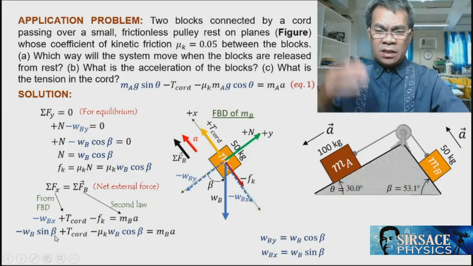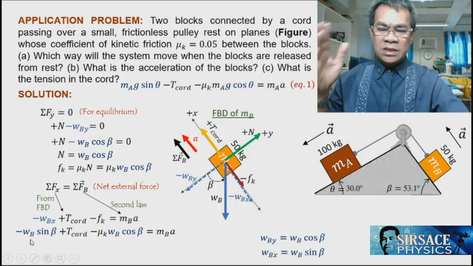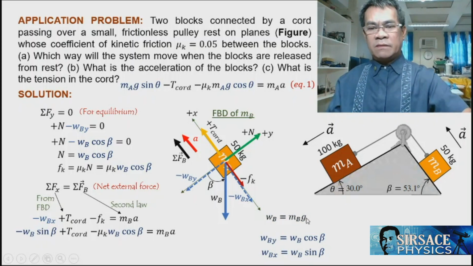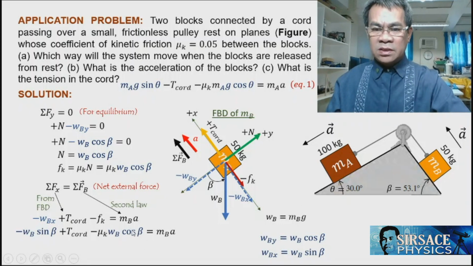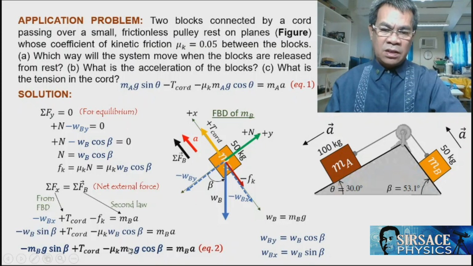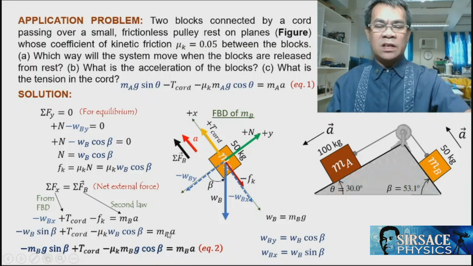So replacing again the value of the weight of B, which is the mass times gravity. Replace these two terms. So we have negative mass B, gravity, sine beta, plus T minus mu_K, mass B, gravity, cosine beta, equivalent to mass B multiplied by the acceleration.